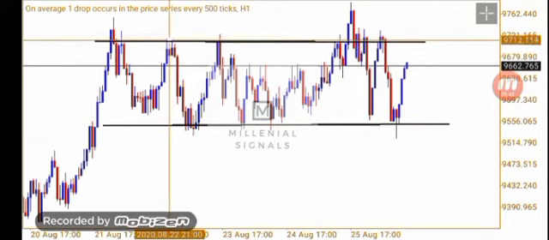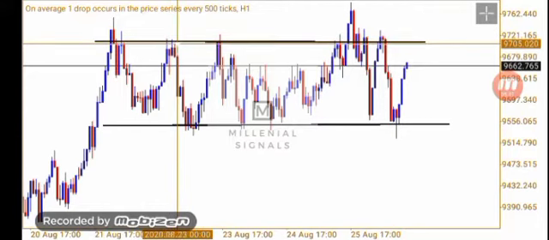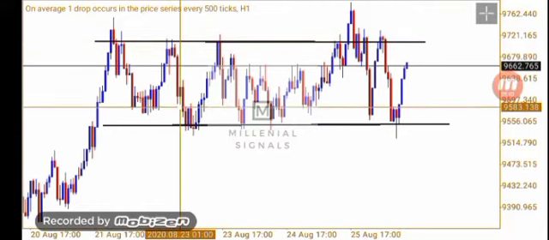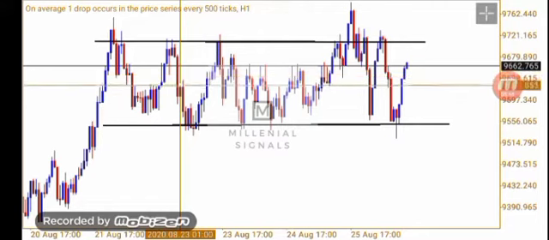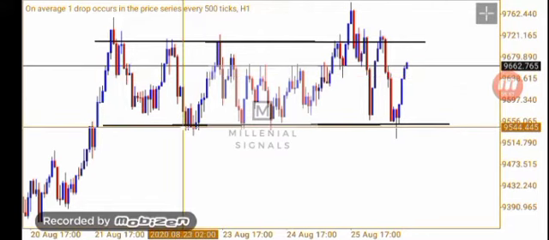At the resistance, the price was rejected and it sold. It came down. The sellers pushed the price down into a key level. Now that's the first thing you should be looking out for: a power move. Price has to make a power move into the key level. Here, the price made the power move into the support level.